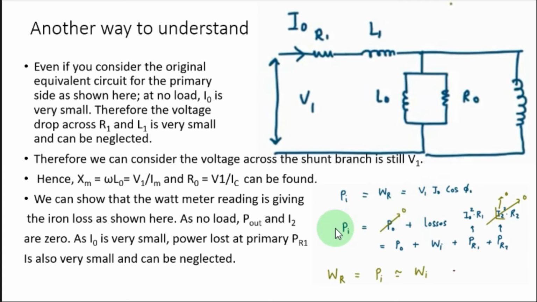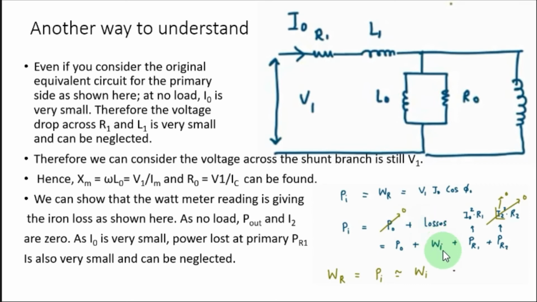Don't get confused with different notations here, because I have taken this from another video clip. Here WR is basically the wattmeter reading, which is equal to input power V1 I naught cos phi. Input power is equal to the output power plus losses. There are two types of losses, iron losses and copper losses.